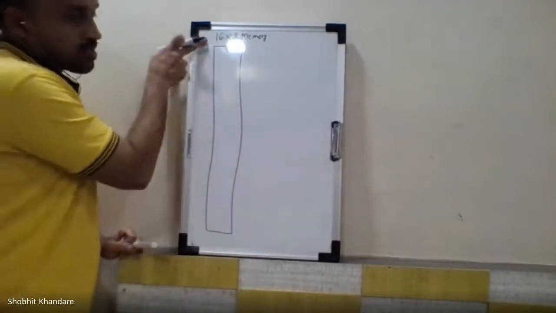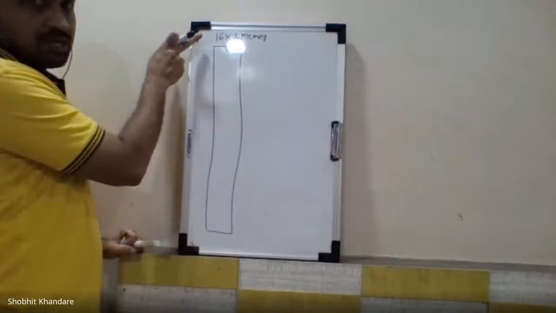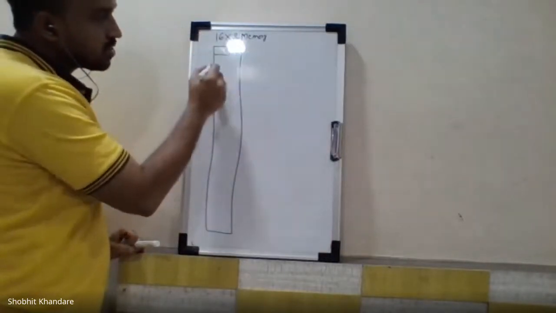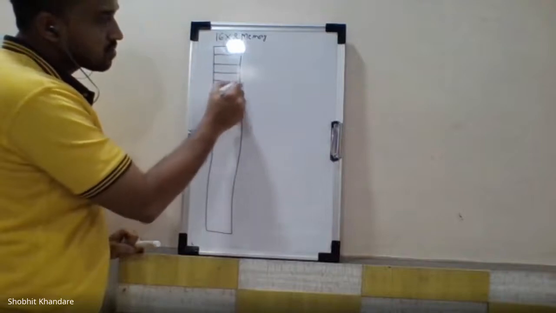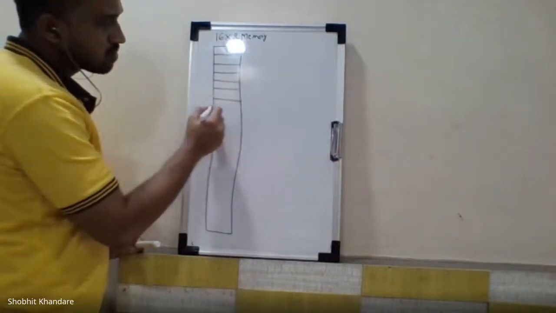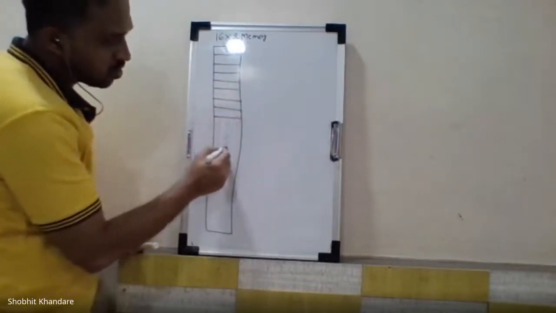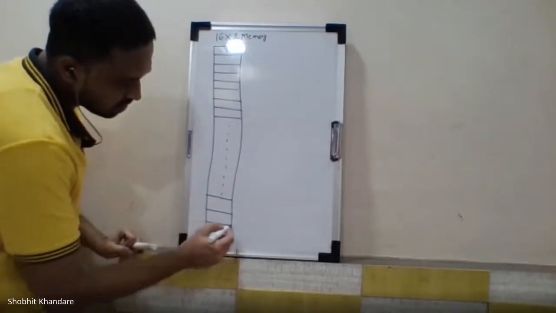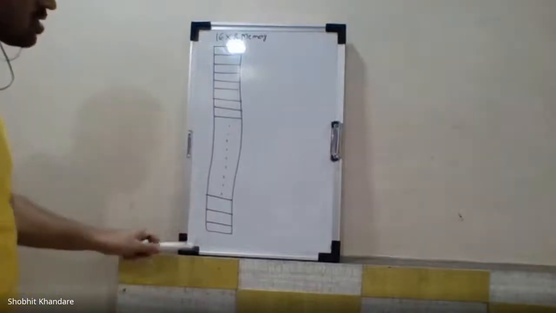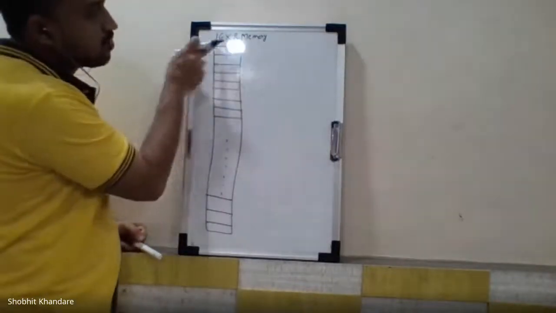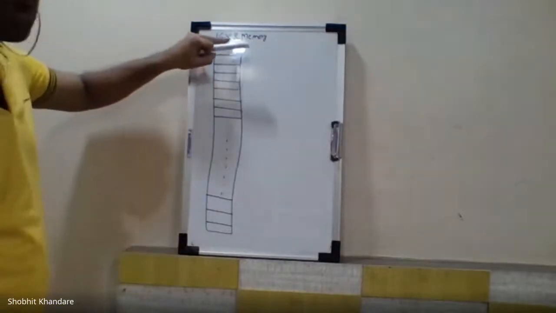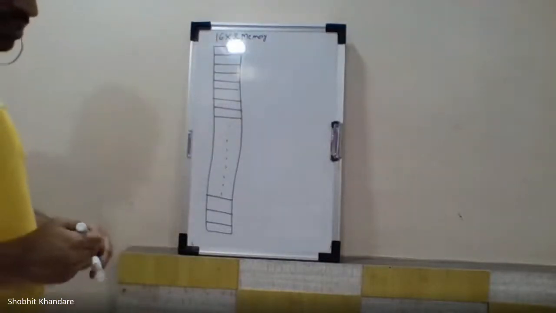Now what do you mean by 16 by 8? Please pay attention. 16 by 8 का मतलब होता है you have 16 locations. You have 16 locations, and each location will be able to store 8 bits of data. That is the meaning of 16 cross 8.